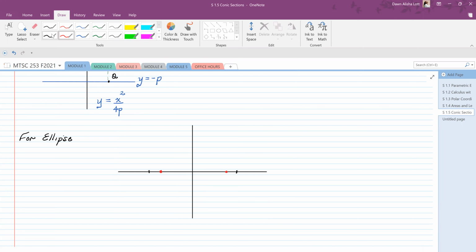And then we had the minor axis like this. And then here was our ellipse.